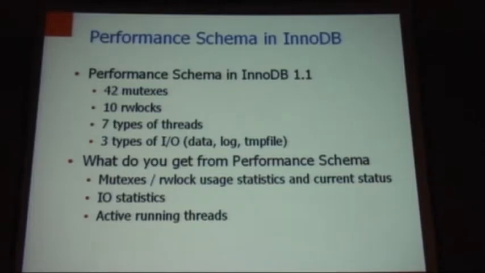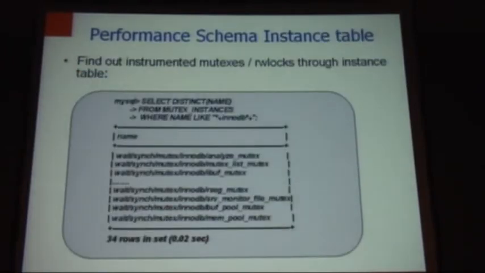In the next few slides, you can get some information about what the performance schema is going to look like in InnoDB and what kind of statistics it gives you. To begin with, the so-called instance tables.